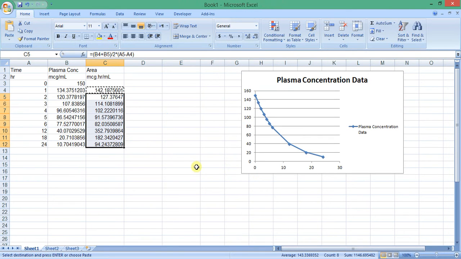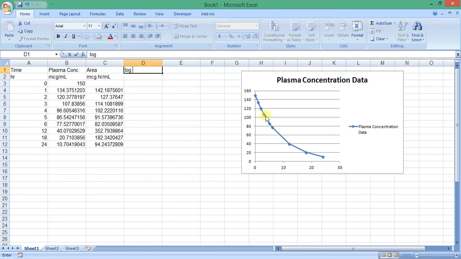So we need the elimination rate constant. You may be given the elimination rate constant, or you can calculate it from the plasma concentration versus time data. For this purpose, you need first to calculate log plasma concentration.